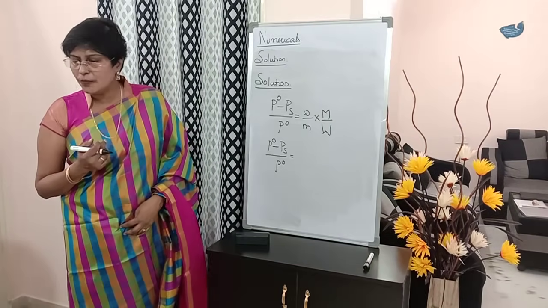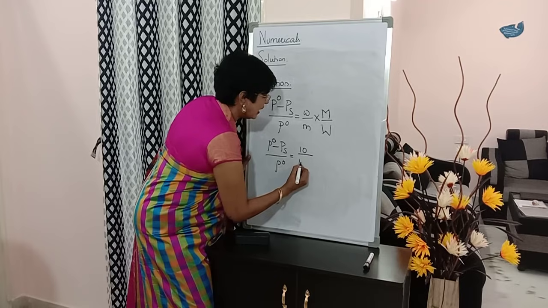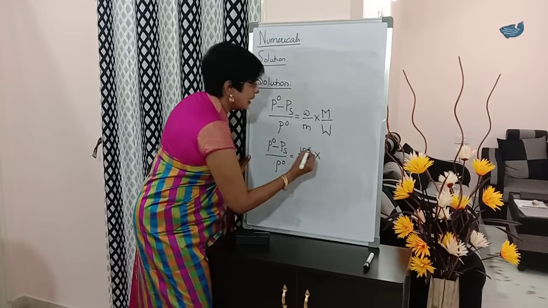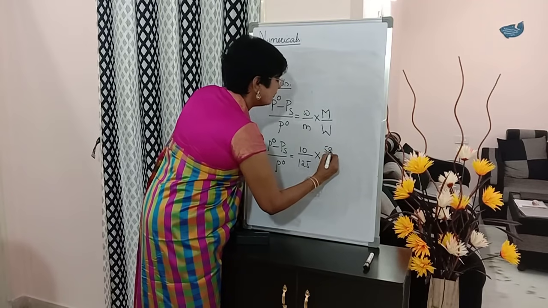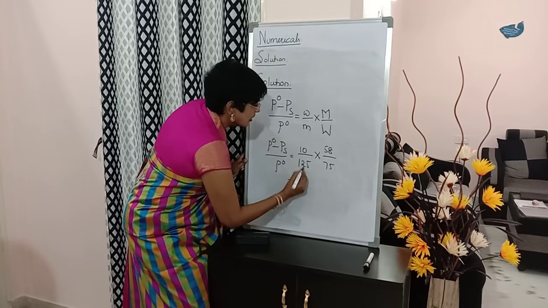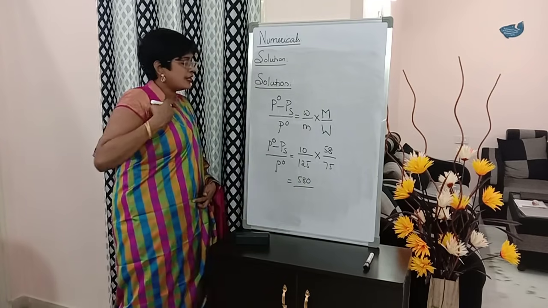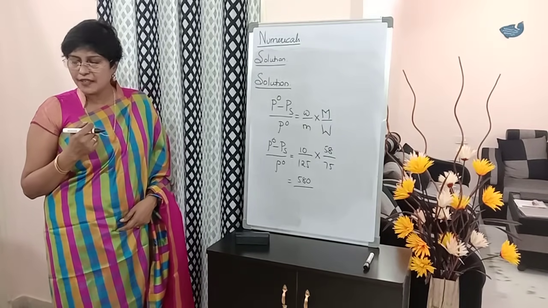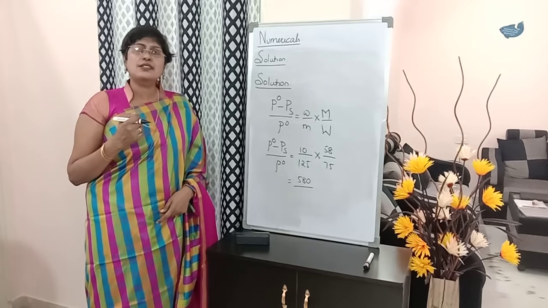So, small w how much, students? 10 divided by 125 into M 58 divided by 75. Okay. So, it is equal to 10 into 58, students, 580 divided by 125 into 75. Multiply and check how much are you getting? 125 into 75.